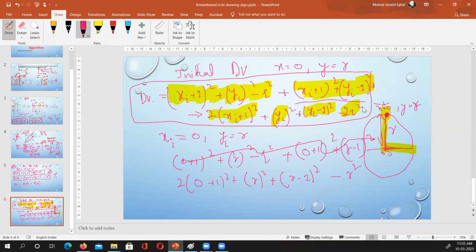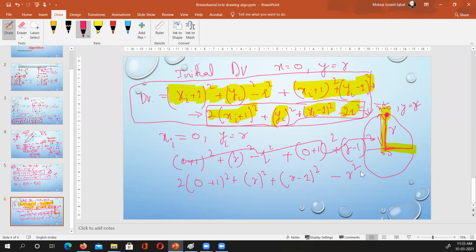This has to be my equation first. Keep this as equation first because I need it tomorrow. So I substitute 0 here: 0 plus 1 whole square, plus y of I is r because I am taking y as r, so (r minus 1) whole square, and minus r square.